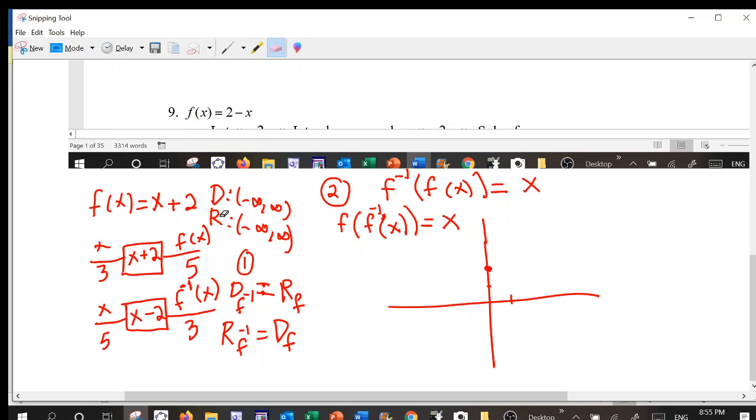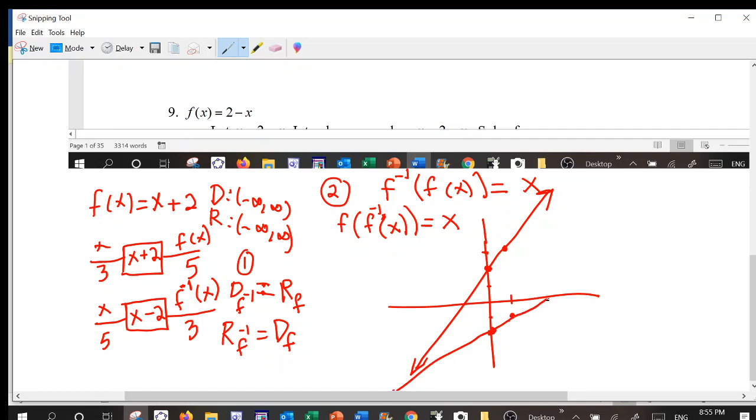And then the slope is 1, so you go up 1 and right 1, and you get a line, that's that graph. And the other one is x minus 2, so you go to negative 2 here. The slope is still 1, so you go up 1 and right 1. And you're going to get this line.